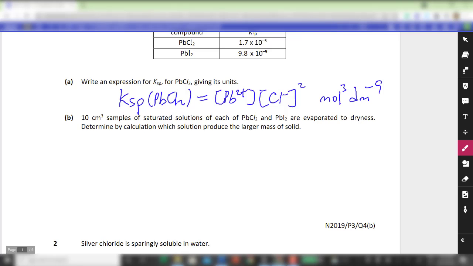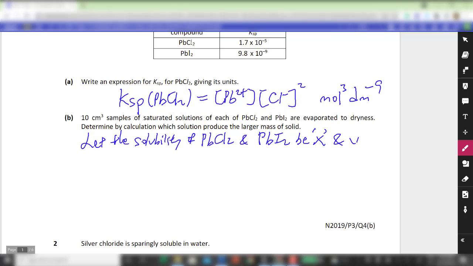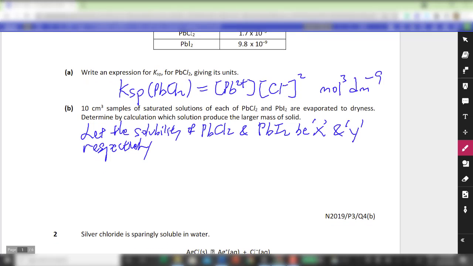Based on the Ksp expression alone for PbCl2 and PbI2, the first thing we can do is let the solubility of PbCl2 and PbI2 be x and y respectively. If we work this way, it's clearer so that we're not confused by the two.